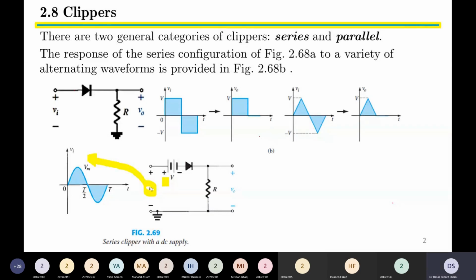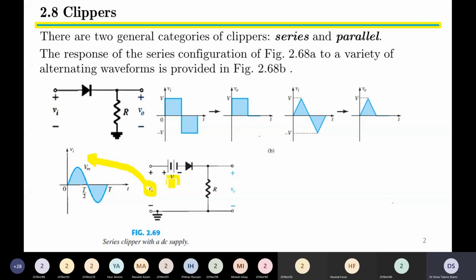And then we connect a DC power supply. This V is not the barrier potential of the diode. In fact, it represents an external DC power supply.